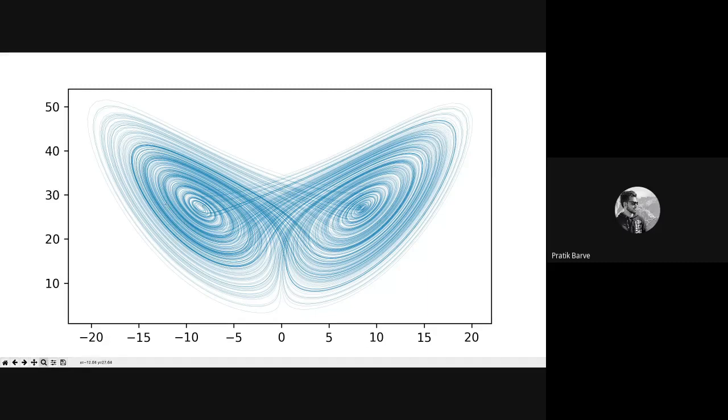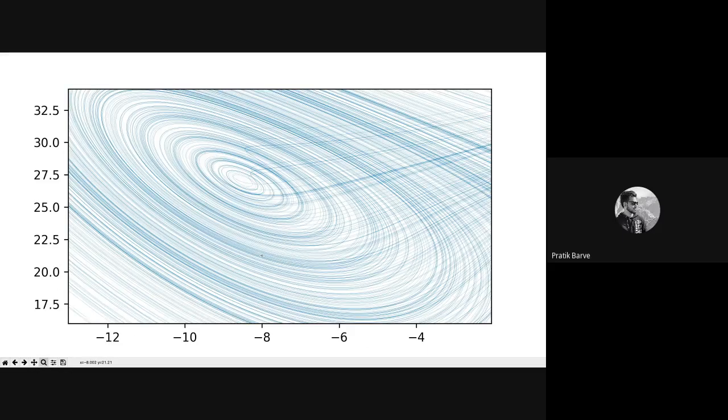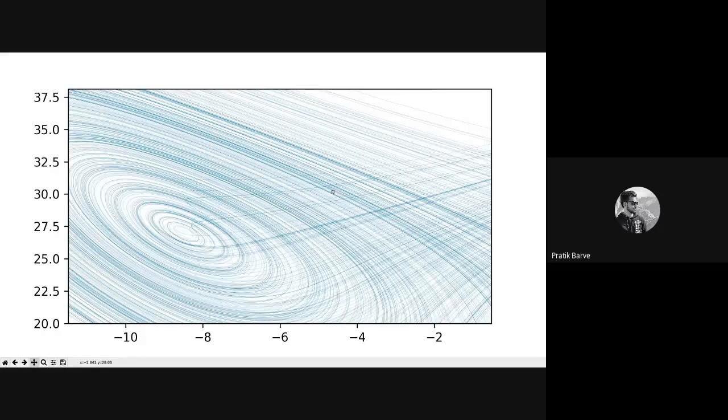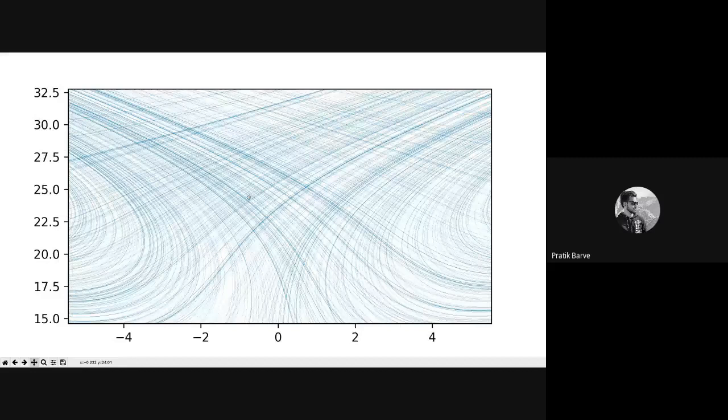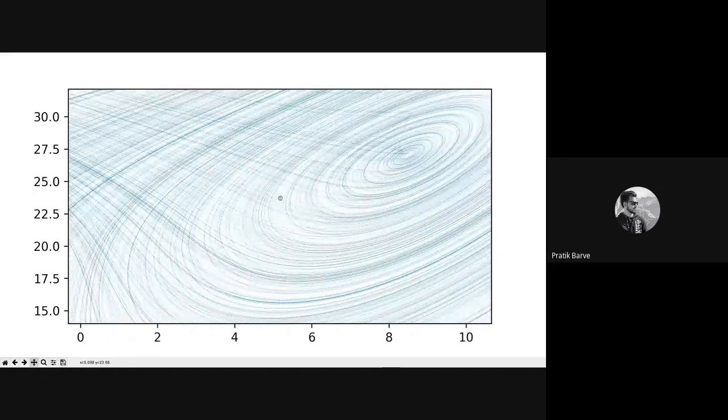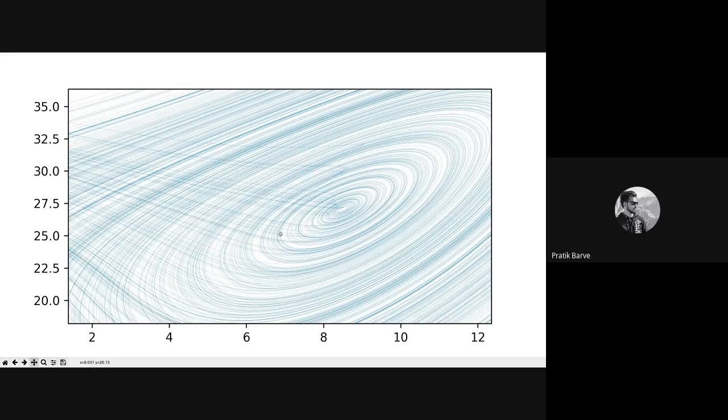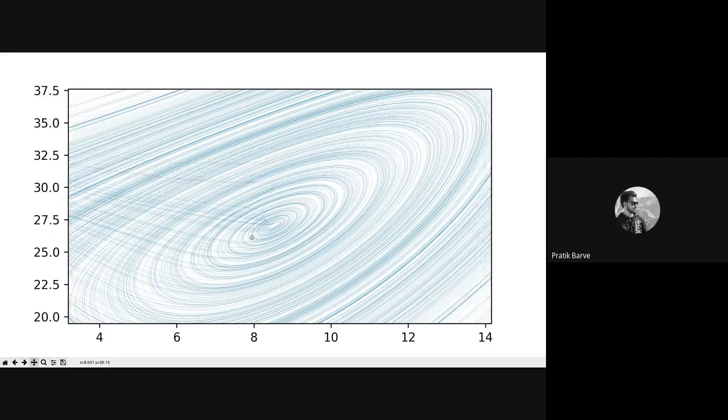You can zoom in on some particular area, or you can pan it. Is this visible or not? So you can see the fine structure here.